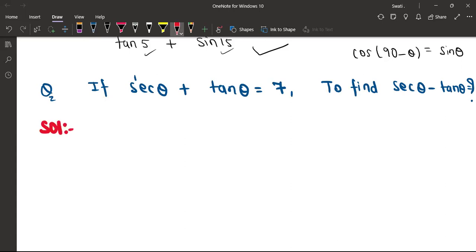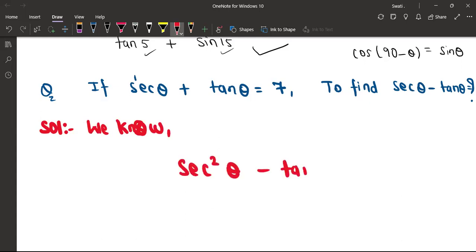To find this, you have to use that famous trigonometric identity, the formula we did earlier. So you write down directly, we know that formula. What was the formula? Sec square theta minus tan square theta is equal to 1. Do we know this formula? Yes. Identity.